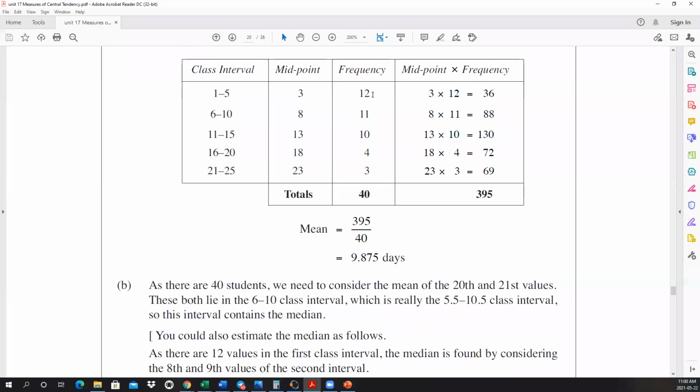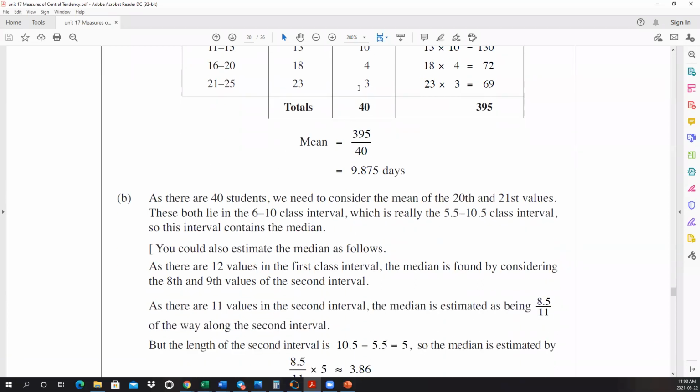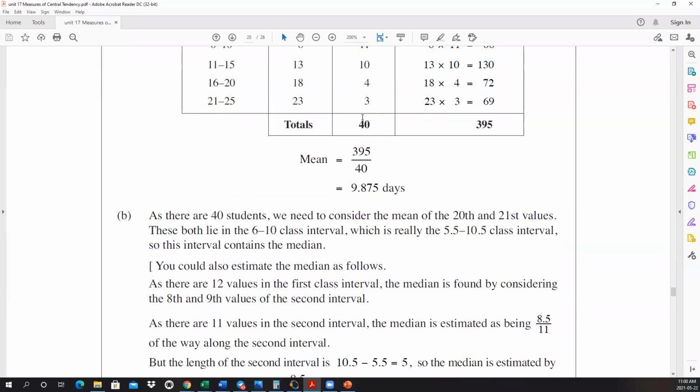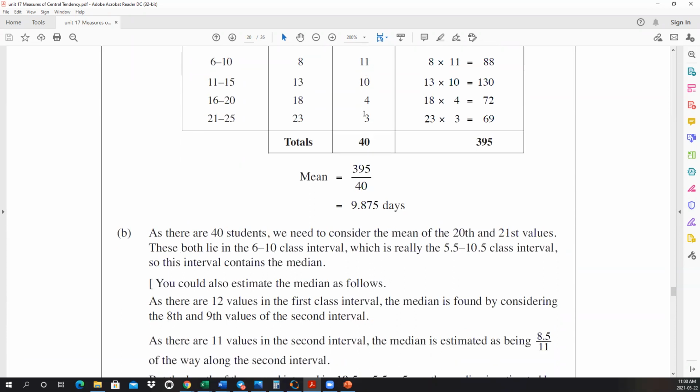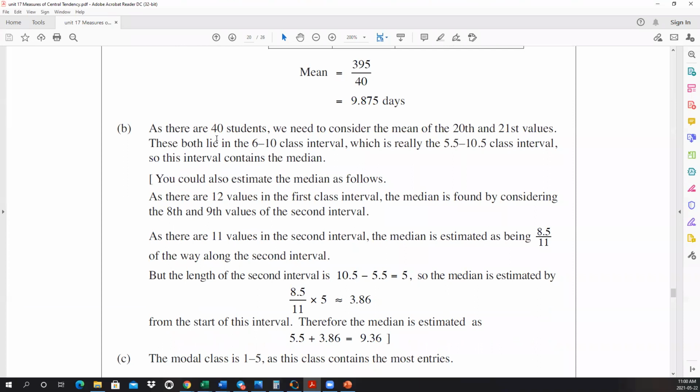Of course, again, median, check it out. Because this is an even number now, you take the two middle numbers, right? So let's see what they say. As there are 40 students, we need to consider the mean of the 20th and the 21st values, right?